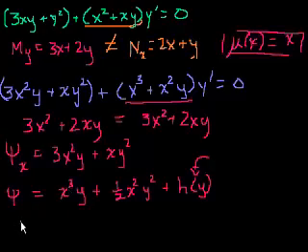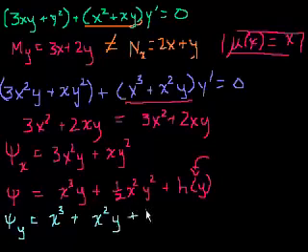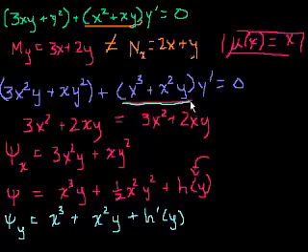So the partial of xi with respect to y is equal to x to the third plus, 2 times 1/2, so it's just x squared y plus h prime of y, right? That's the partial of a function purely of y with respect to y. And then that has to equal our new N, or the new expression we got after we multiplied by the integrating factor.